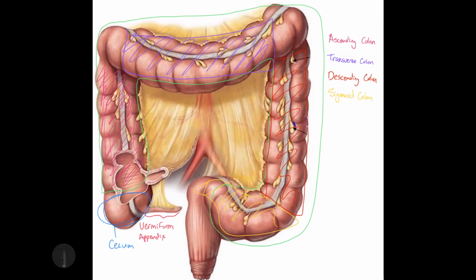Now you may have noticed that the colon, like the duodenum, has some bends. This top portion right here that I'm identifying in black, that's going to be called the right colic flexure because it's located on the right side. This right here on the other side of the colon is going to be called the left colic flexure.